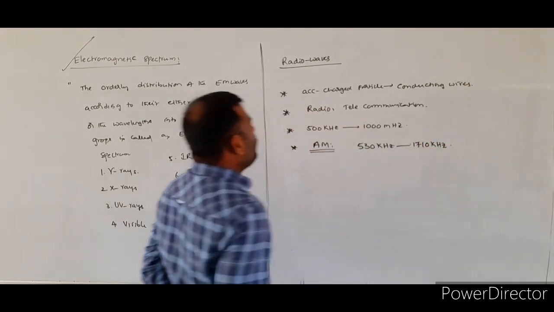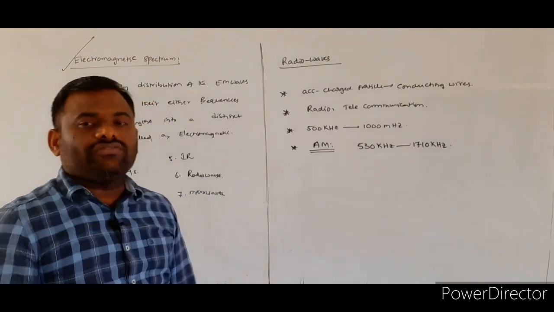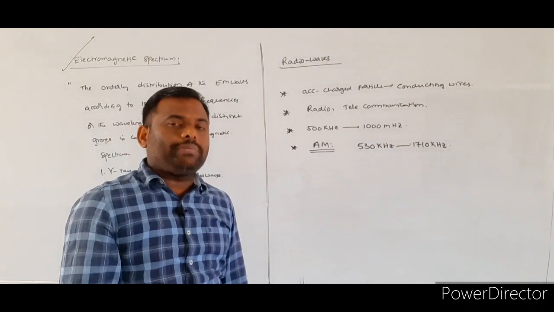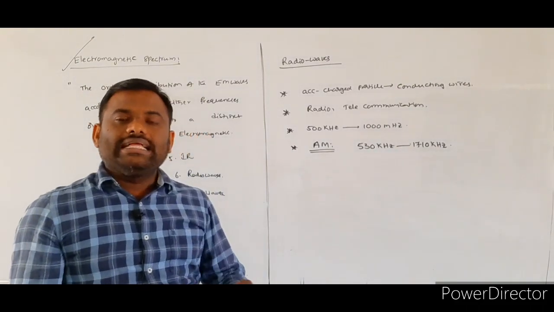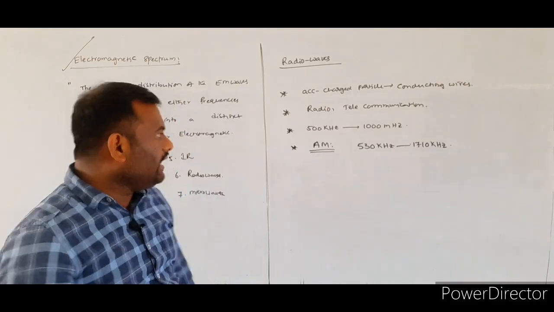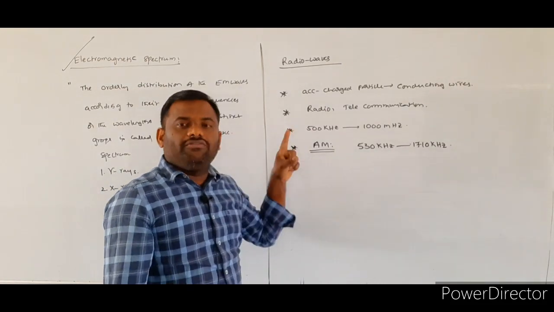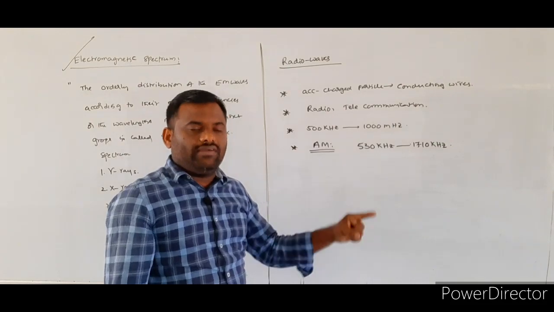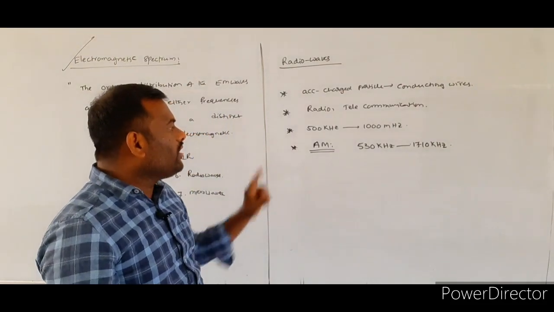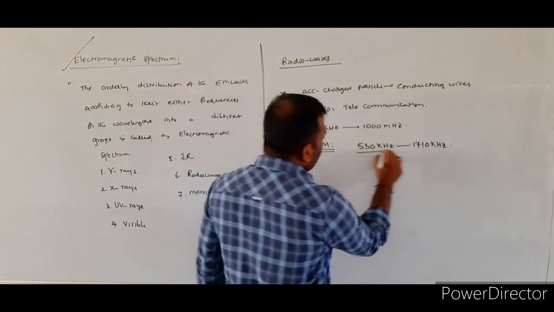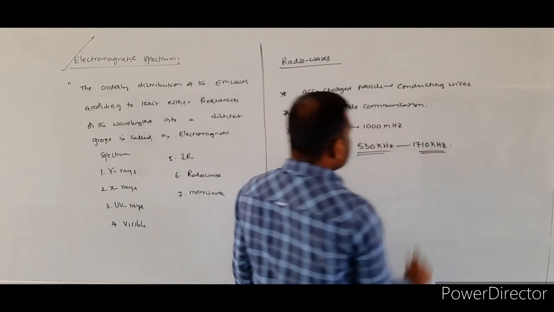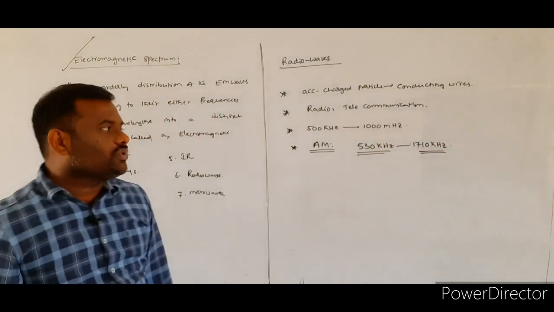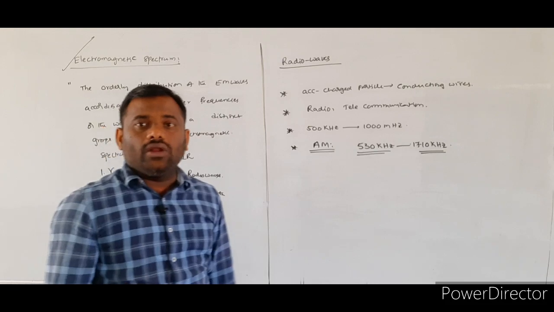For communication purposes, three different types are there: amplitude modulation, frequency modulation and TV.